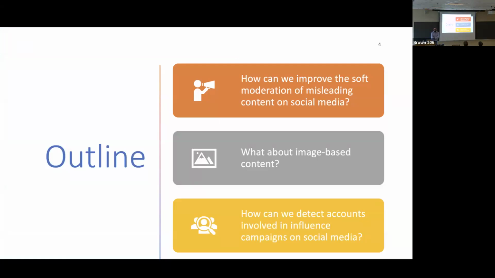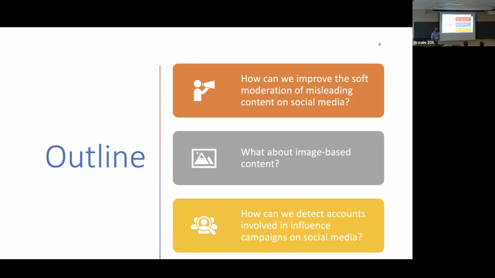First of all, I want to talk about how we can improve the soft moderation of misleading content on social media. These are the warning messages that you sometimes see on social media when companies decide to put them there. Then I will talk about multimodality, because obviously information online is not only textual, we also have images.